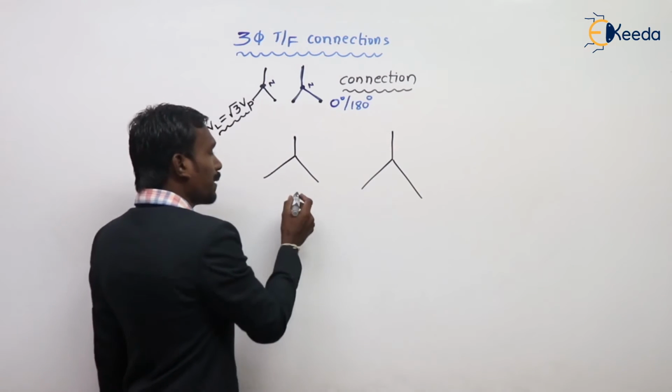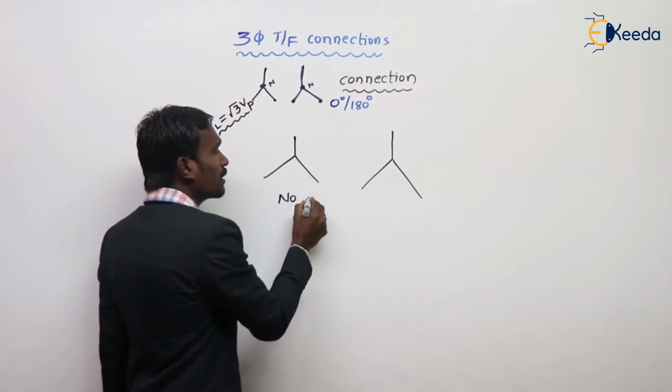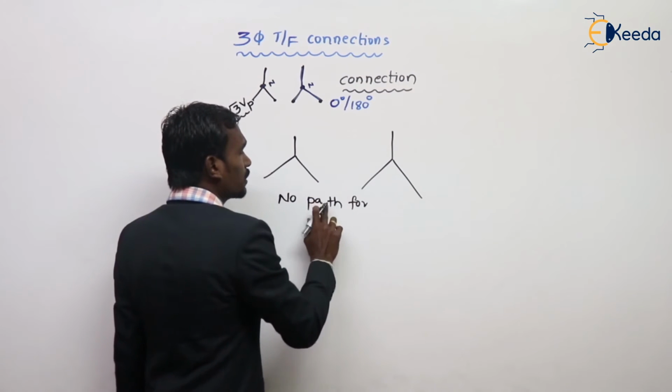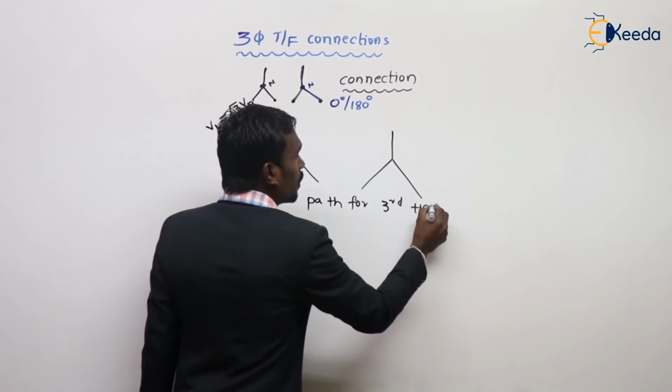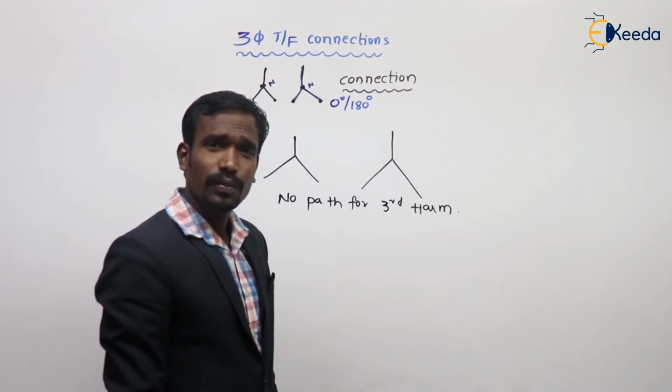Nothing but in the primary and in the secondary, there is no path for third harmonic currents.